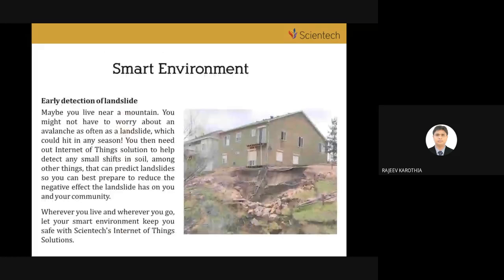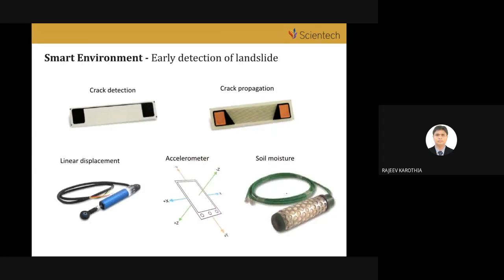In smart environment, there is another application area, that is early detection of landslide. These mostly happen on the Konkan side, where the Konkan railway is. They are working on soil depletion and landslides, so we should have some kind of sensors so that we can make an application for early detection of landslide.